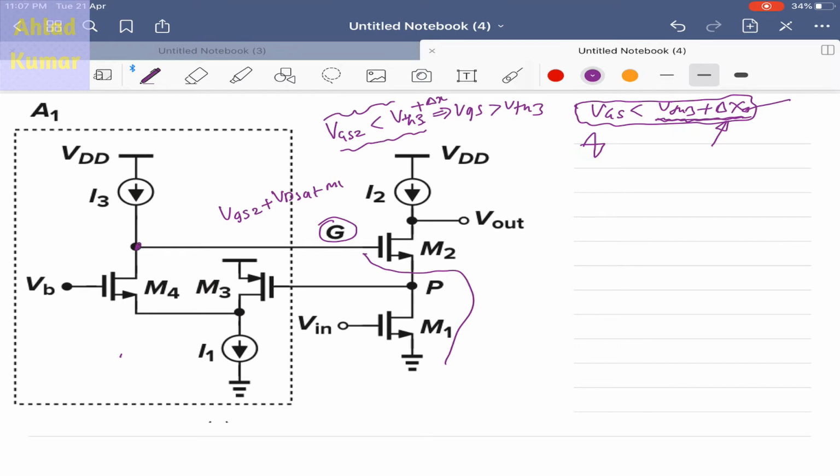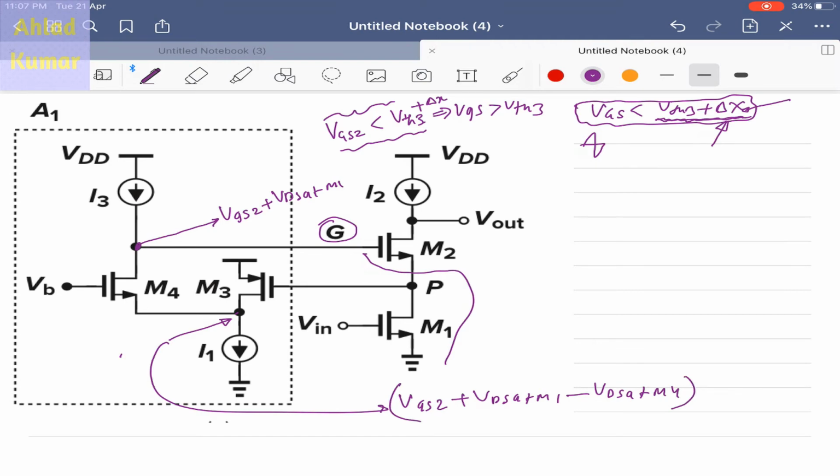Once we are at this point, which is VGS2 plus VD set of M1, the potential here will be VGS2 plus VD set of M1 minus VD set of M4. So this is the potential at this node. And the potential at this node is VD set of M1.